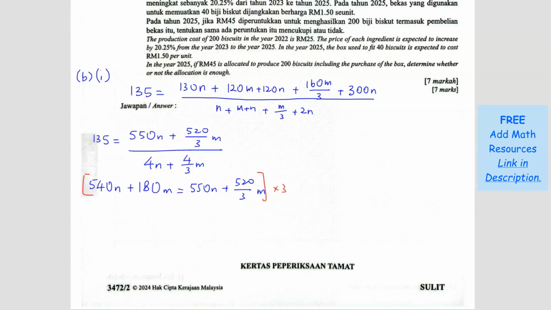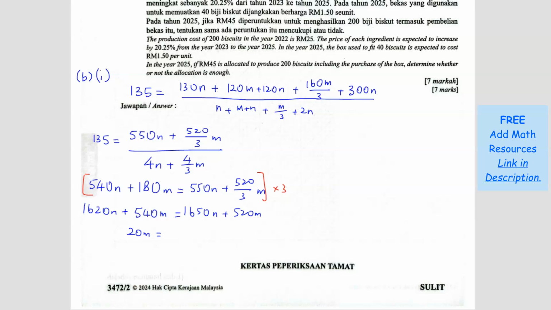So I will get 1620n plus 540m equals 1650n plus 520m. Now rearrange this. I'm going to bring m to the left side and n to the other side. So 540 minus 520, I will get 20m.